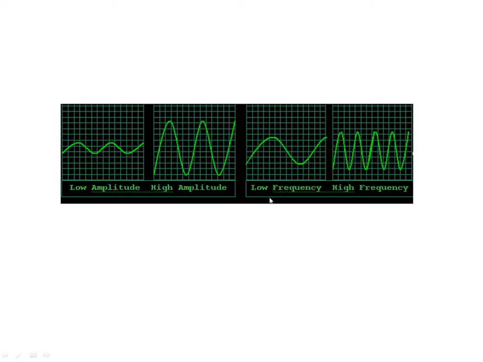And then frequency, if you have a low frequency, so if there's hardly any waves per second, that means you have a really low pitch. If you have a high frequency, that means you have lots of waves per second. And it would sound like this. You'd have a really high pitch if you had a high frequency.